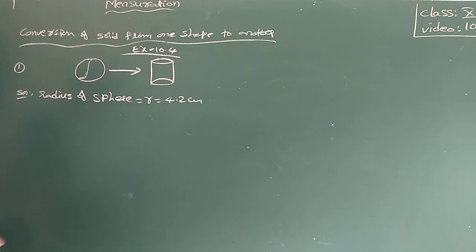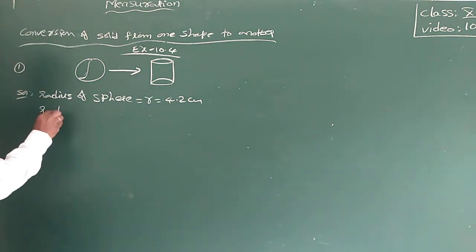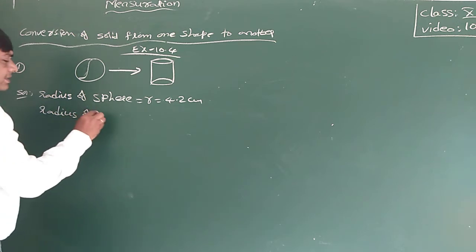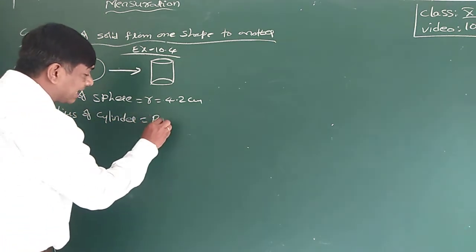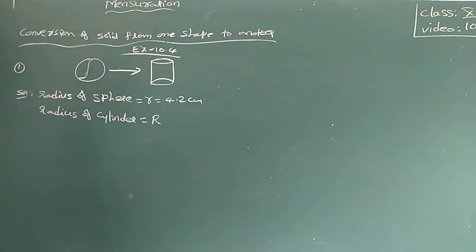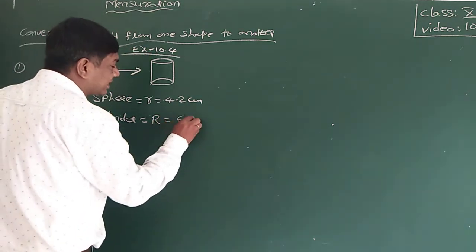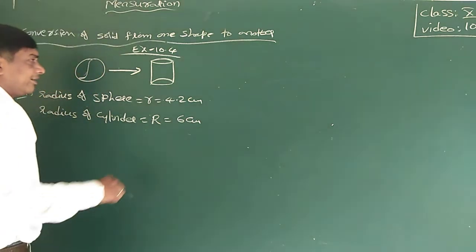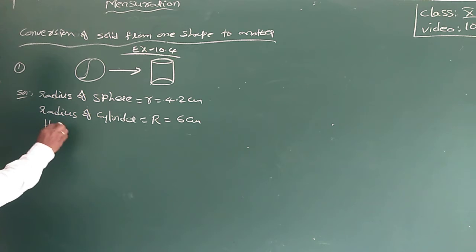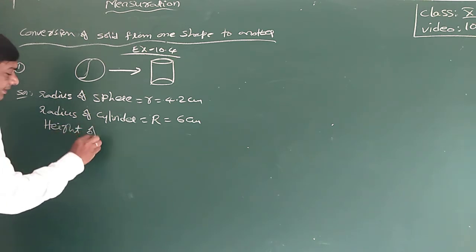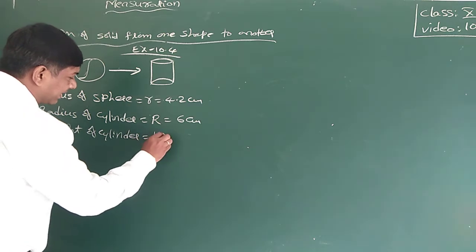Another one is the radius of the cylinder, also given, that is capital R. To differentiate, I am taking one capital and another small. Capital R is equal to 6 centimeters. Then what do they ask here? The height of the cylinder. We need to find out this value.